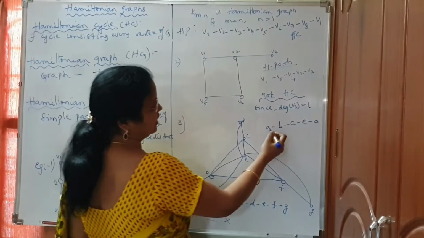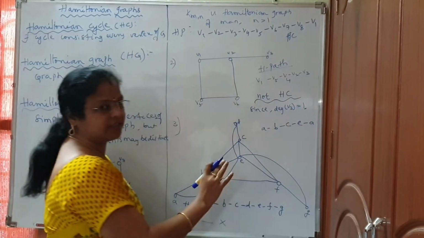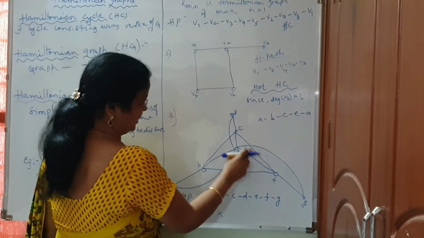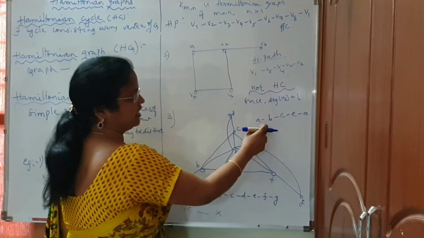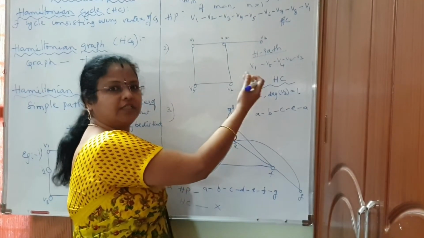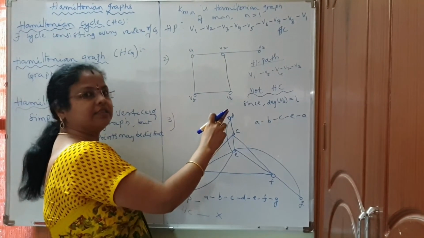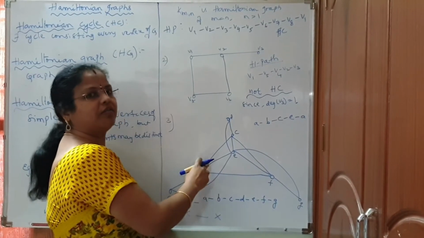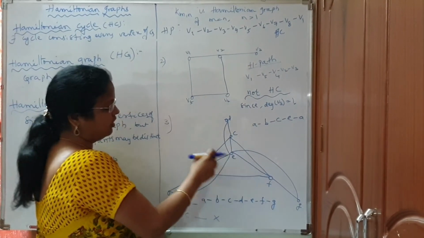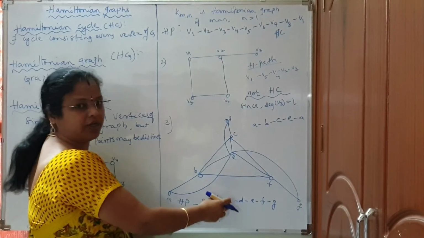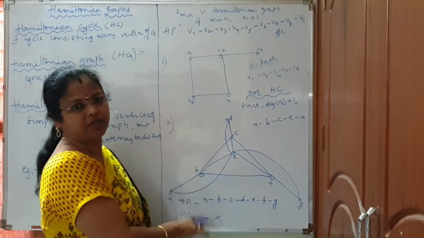If you observe here, only vertices A, B, C, E are included in the path. We have not covered the vertices D, F, G. Therefore, it is not a Hamiltonian cycle. Like that, if you consider any cycle from this graph, we cannot cover all the vertices of the graph. Therefore, from this graph, we can say that it has a Hamiltonian path, but it does not have a Hamiltonian cycle.